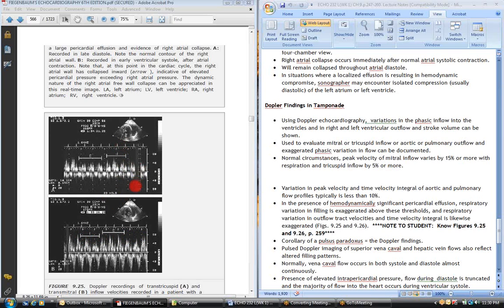Appears that, best I can tell, we're looking at tricuspid in this top view, looking at mitral in the bottom view. So in tricuspid, you have lower velocities with expiration, higher velocities with inspiration. You put a caliper on the lowest velocity, a caliper on the highest velocity, and the difference between the two gives you your percentage of respiratory variation.